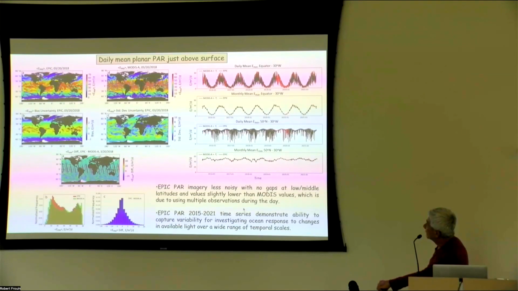You have in red the MODIS Aqua plus MODIS Terra average values, and you have in black the EPIC values. And you can really see the usefulness of this data set in some way. First, you can notice that the seasonal variability dominates at the higher latitude, right?